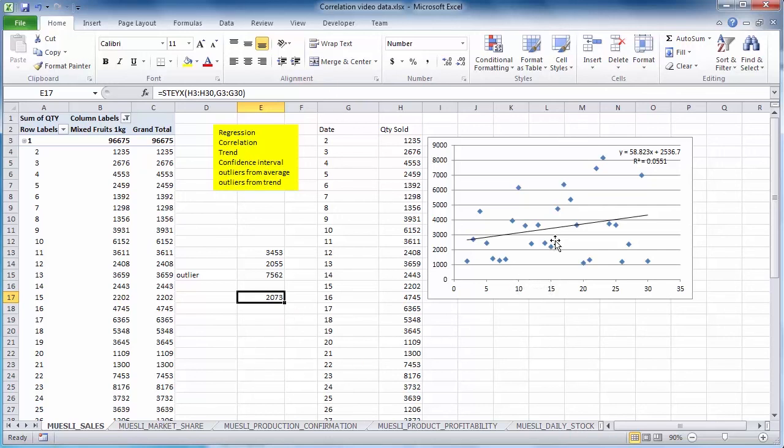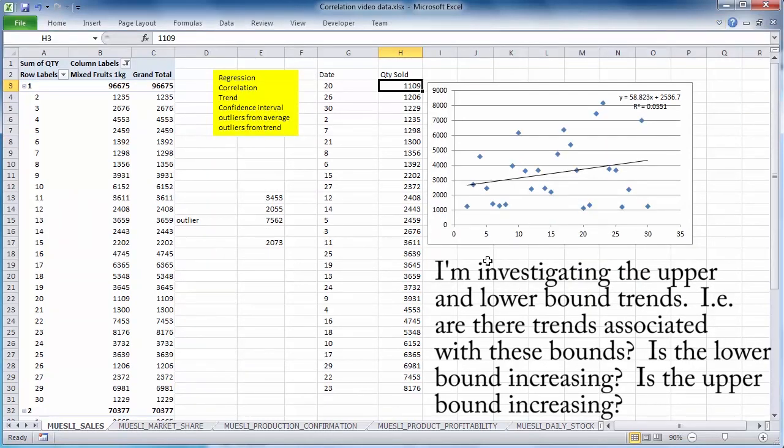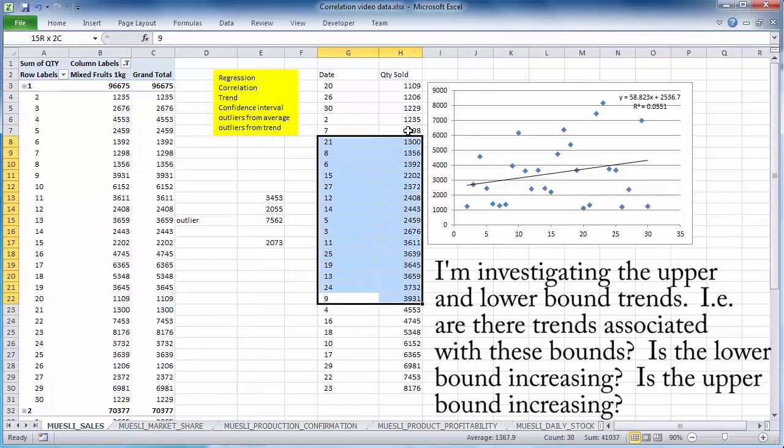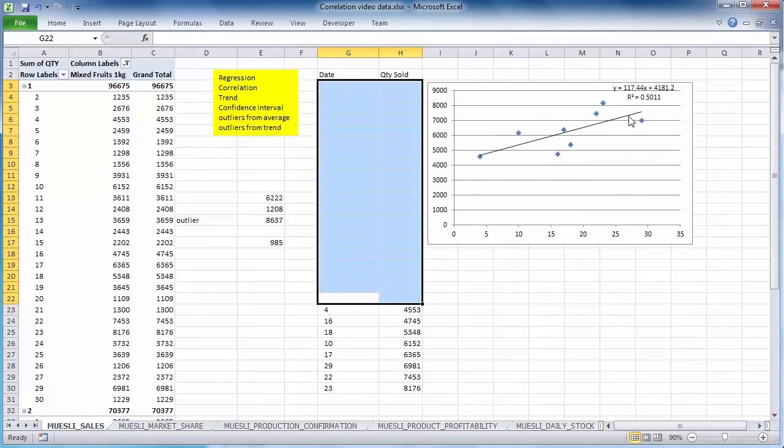If you want to see what happens, say I sort these low to high and say, gosh, it looks like there's some sort of trend if we just look at the numbers that are above about 4,000. So if I get rid of all of these, hit delete, that's a better R squared.